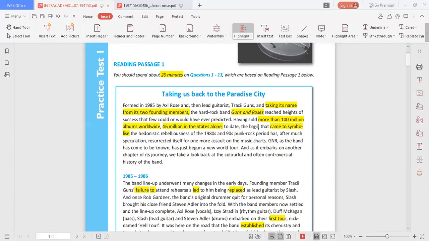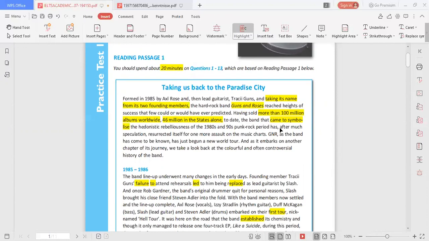To date, the band that came to symbolize, okay, so came to symbolize, that means we see that transformation. Previously, they did not symbolize anything. Now they symbolize something, and they came to symbolize. So it's a transition. And so this is where our answer is hiding somewhere here.